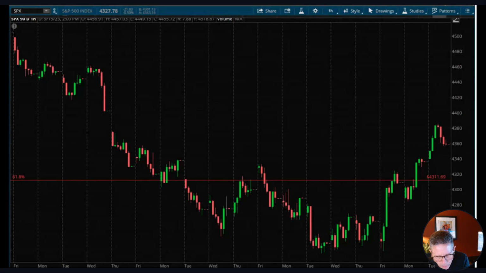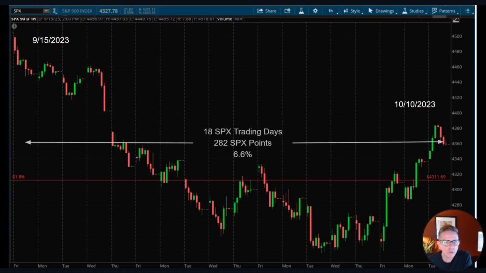This was a 7DTE trade that we did from 9/15/23 to 10/10/23, and these are actual trades that we put on. The market went down 282 points over 18 SPX trading days.